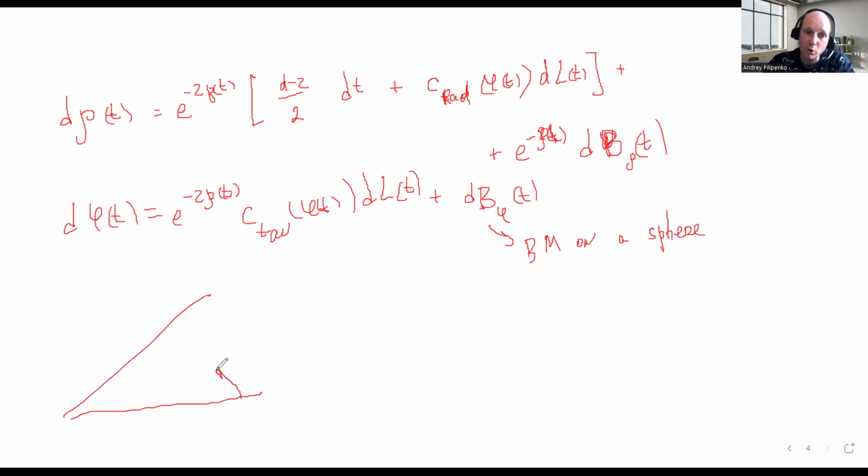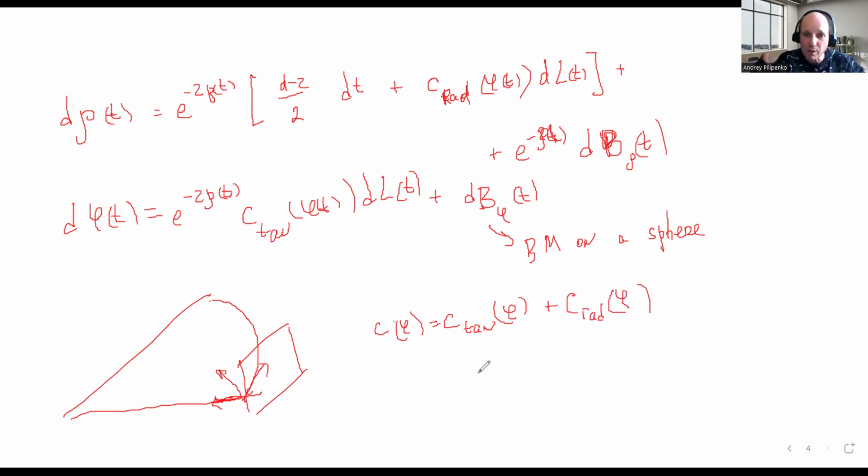We have a vector field C of phi. And we have this intersection with this sphere, and we represent this vector field as a sum of two: C tangential of phi, which belongs to the tangential plane, and a normal one, which is parallel to this line, plus C. I will call this the radial vector field.